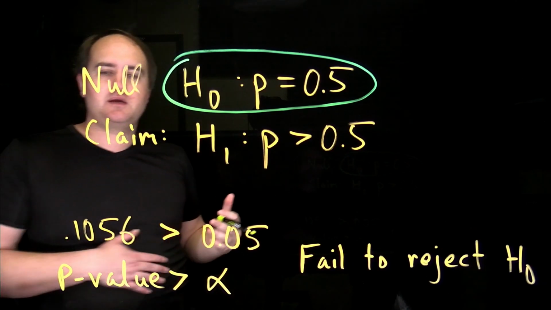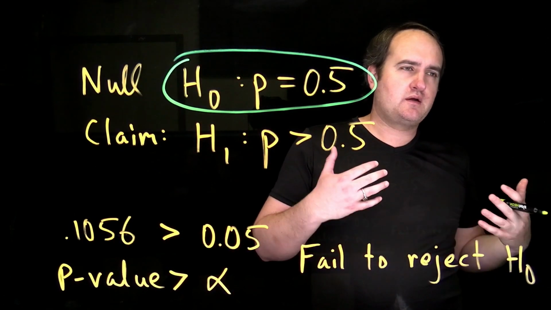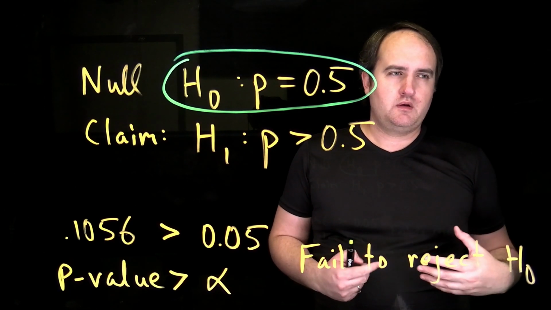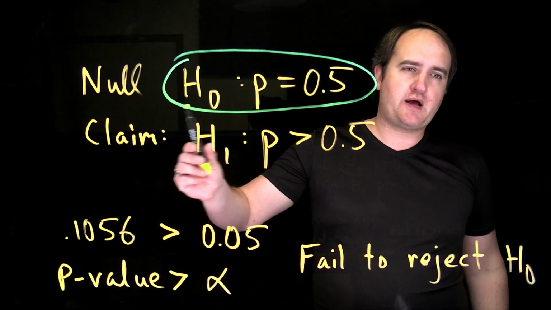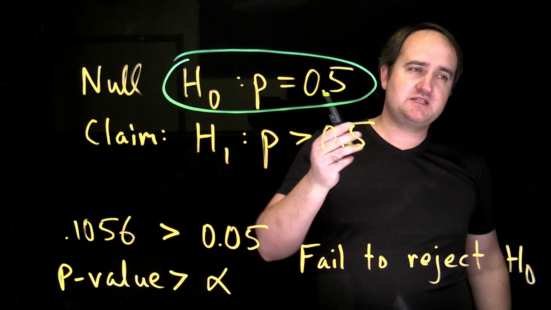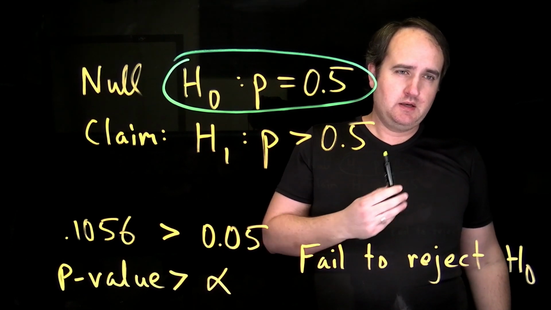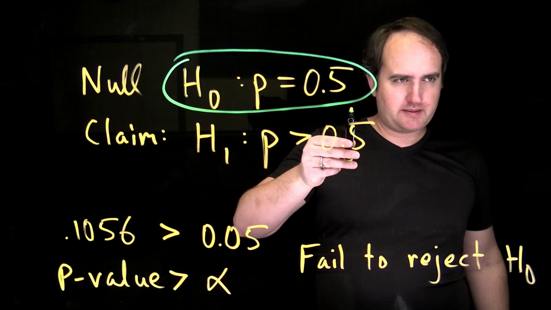And another way of thinking about it is sort of like a criminal trial. People are innocent until proven guilty. So the null hypothesis is by default, there's not enough evidence to support the claim. So by default, we're stuck with the null hypothesis.